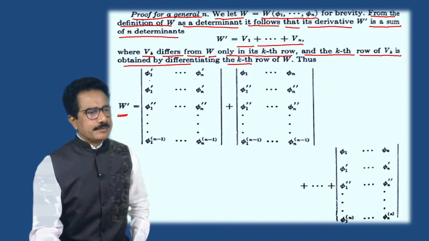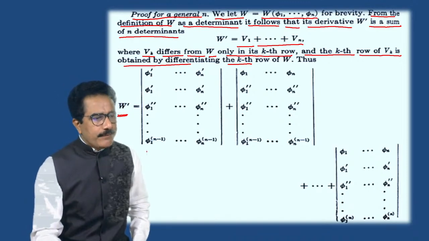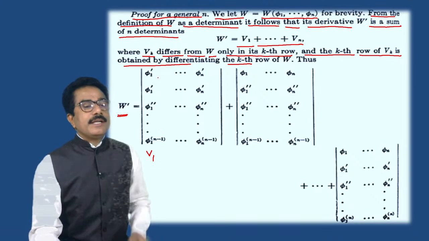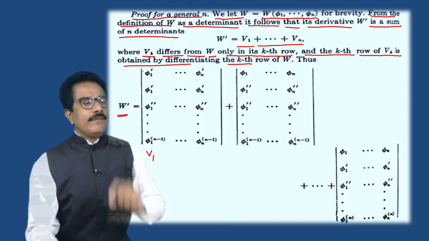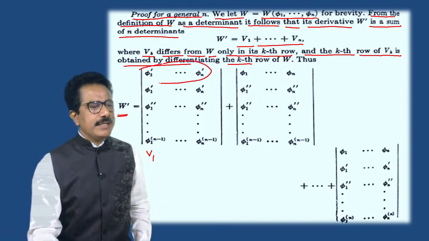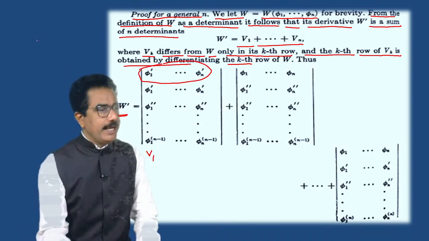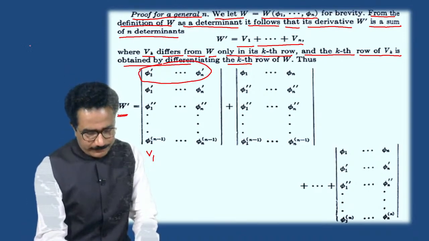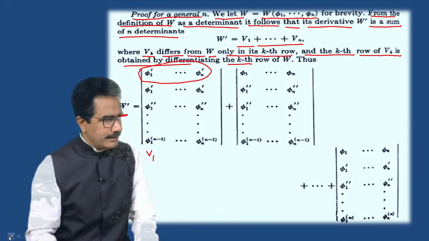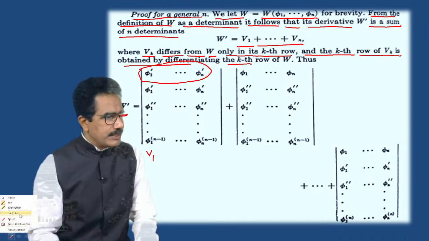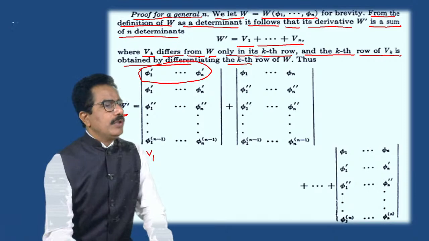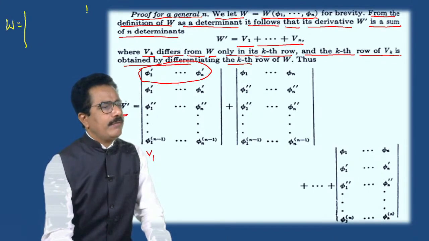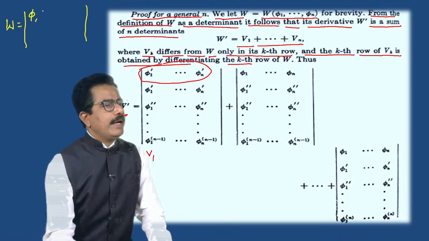Suppose this is V1, the derivative of the first row of the Wronskian. Let me explain this once again, one minute. You know what the Wronskian is. The Wronskian means the determinant with first row phi 1, phi 2, up to phi n.